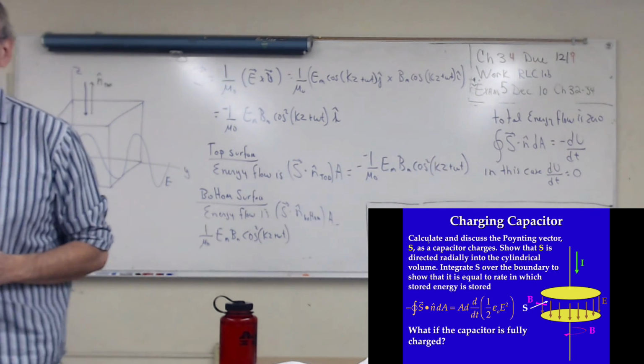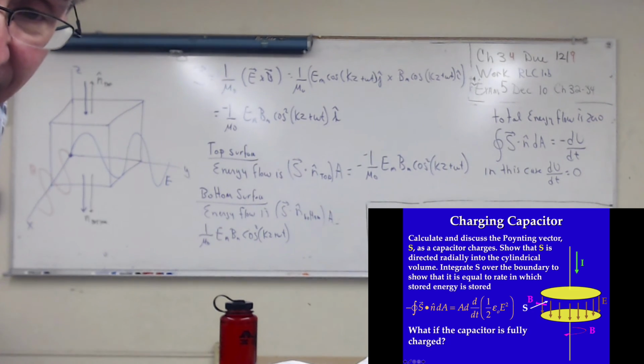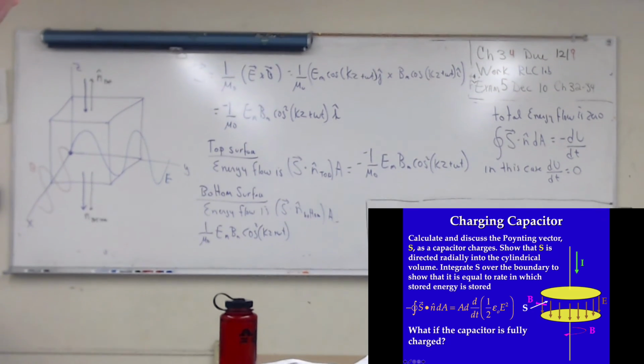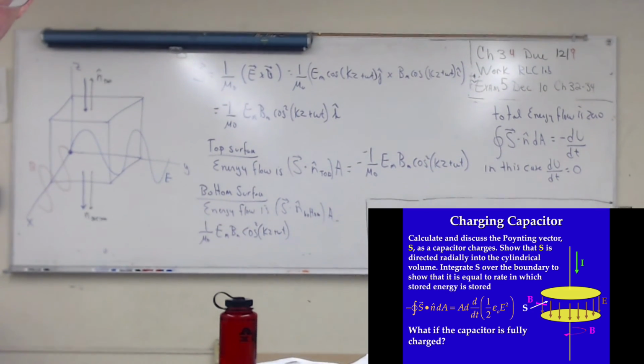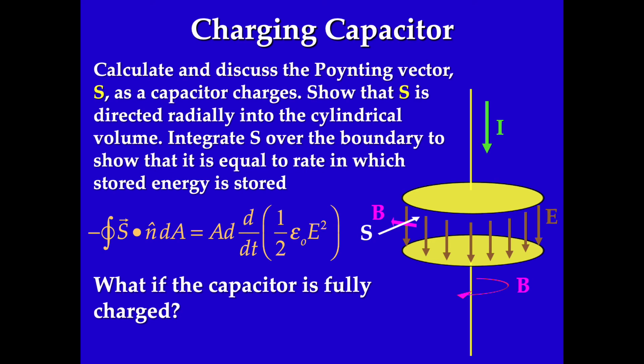I wanted to consider a charging capacitor. What happens when a capacitor is charging? Because of the displacement current, there is a magnetic field between the plates of the capacitor. It's in the same direction as the magnetic field around the wire. It goes around the wire.